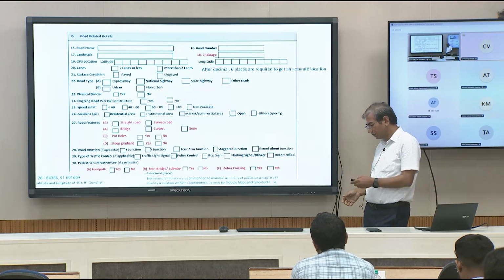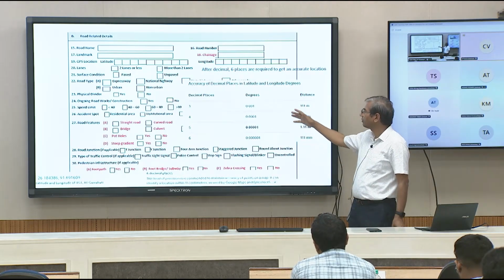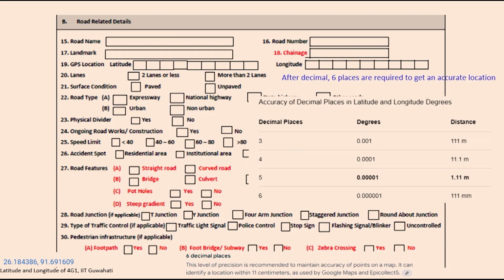And the GPS position accuracy depends like this. If you give only up to 5 positions, you are accurate to 1.1 meter. Most of the FIRs, although we had not highlighted, if you see, give only up to 5 positions. So they are accurate up to 1 meter.